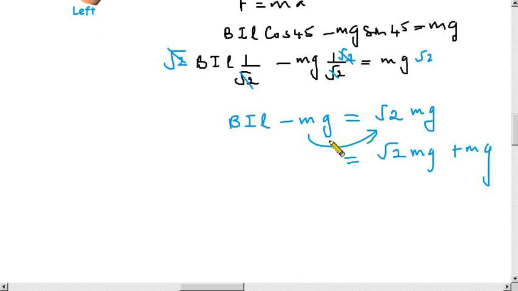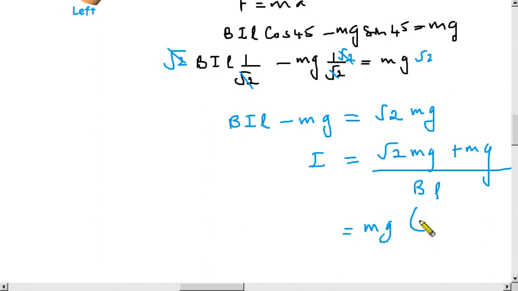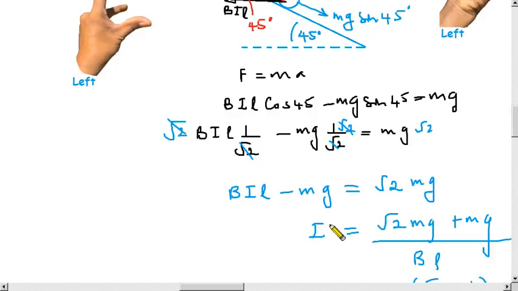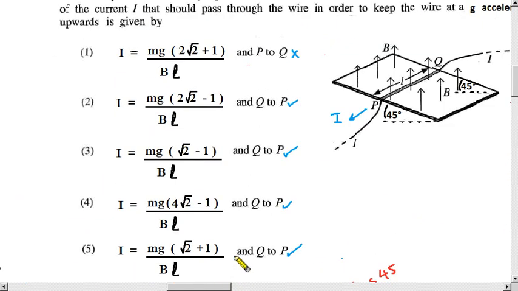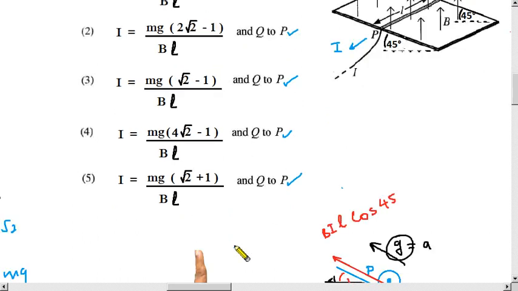Then I equals that divided by BL. With mg common, take it out of the bracket: root 2 plus 1, so I equals mg times (root 2 plus 1) divided by BL.